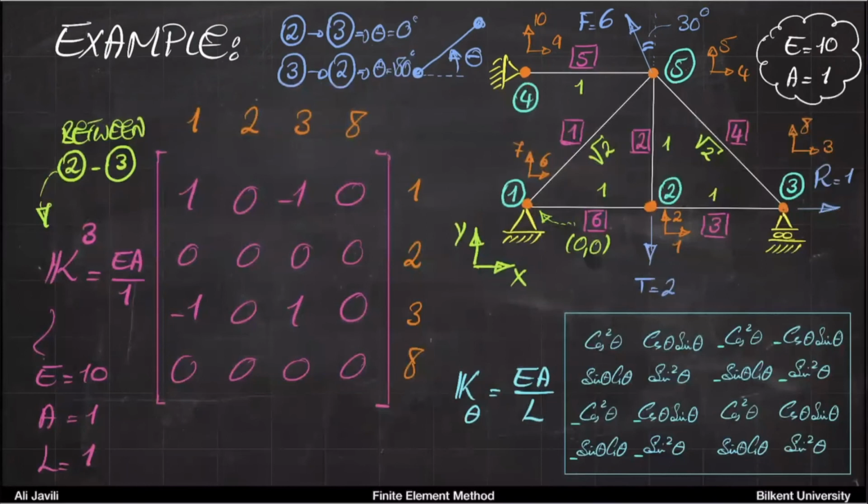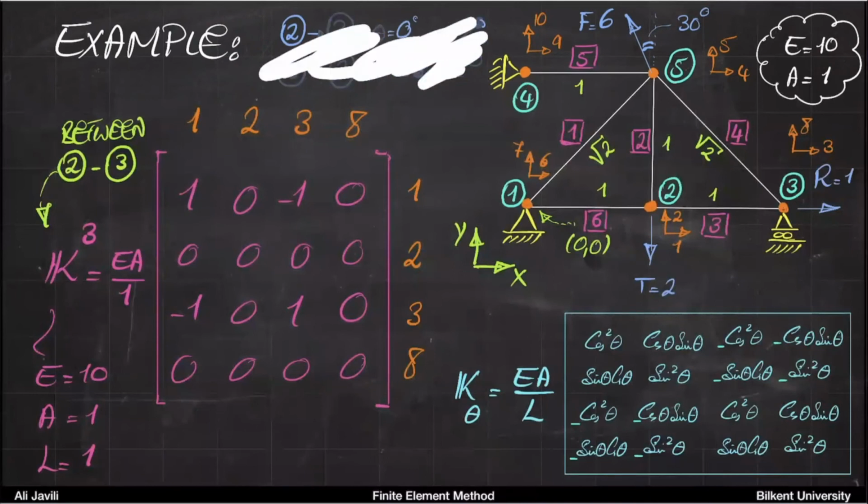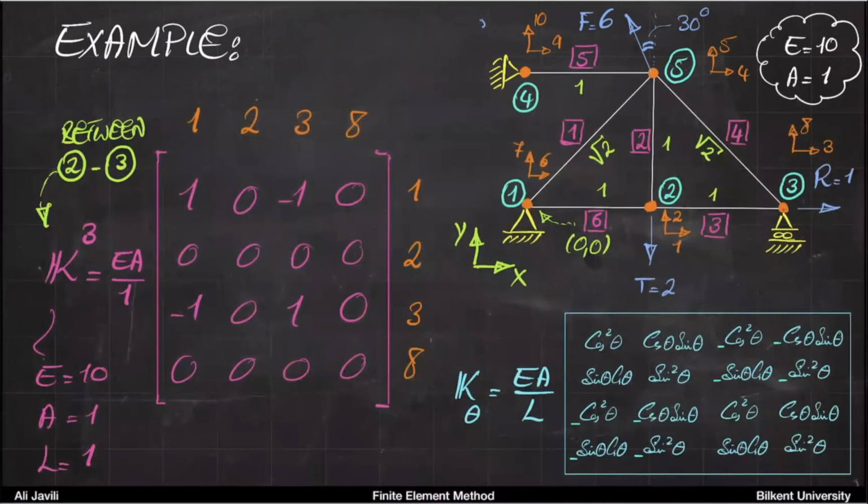And then the next thing we want to do is element 4. So the length of element 4 is also square root of 2. And then it's also with 45 degrees.